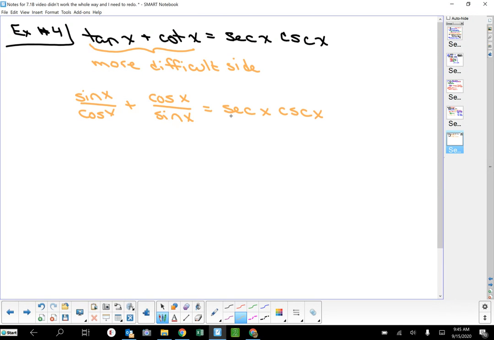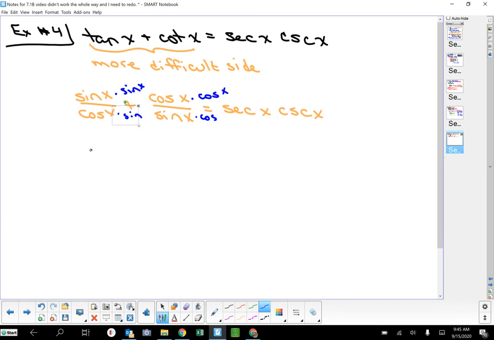And now these are multiplied on the right-hand side, right? Well, you need a common denominator here. So I'm going to multiply this one times sine and this one times cosine. And remember, when you do this, you're actually multiplying top and bottom, right? So I'm not really showing that.